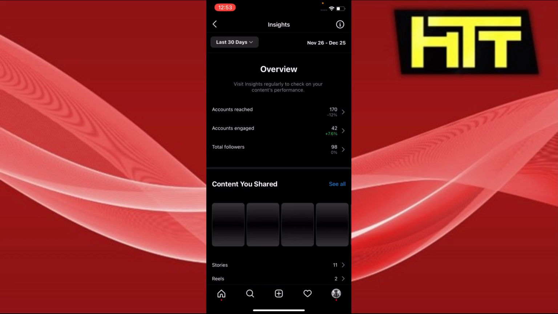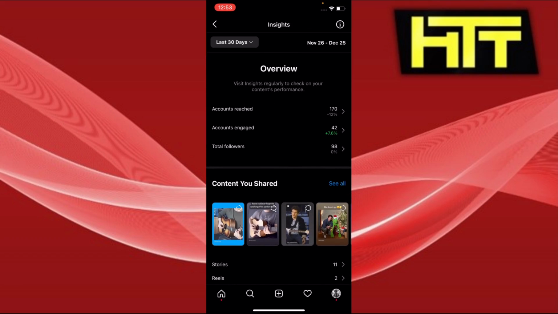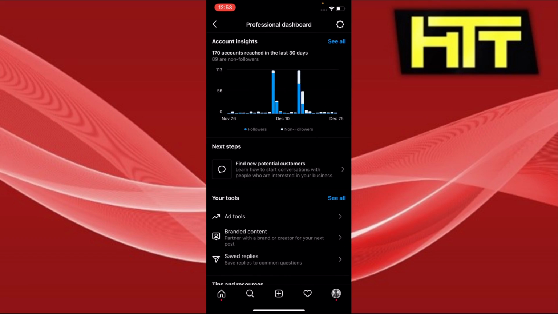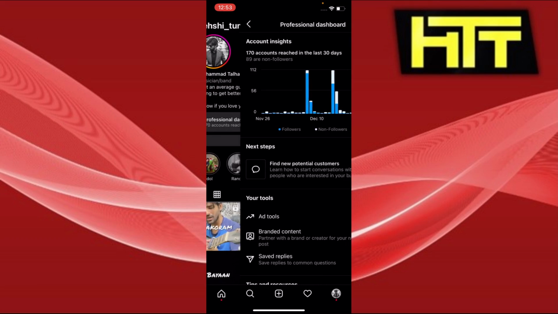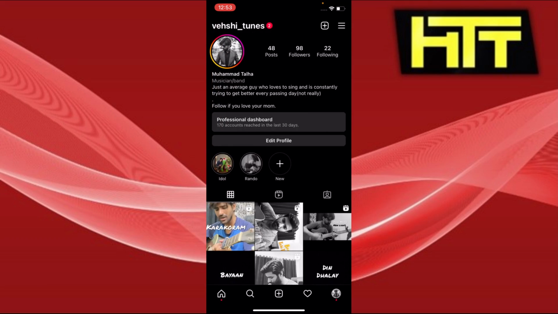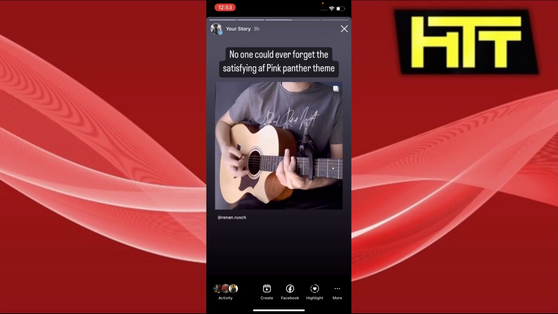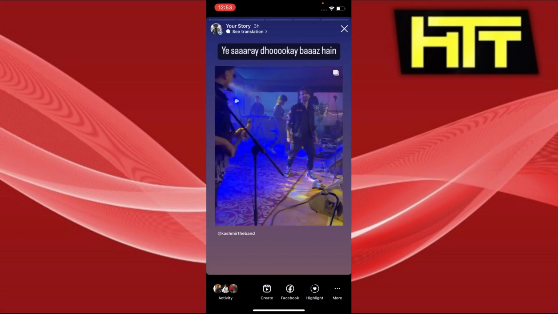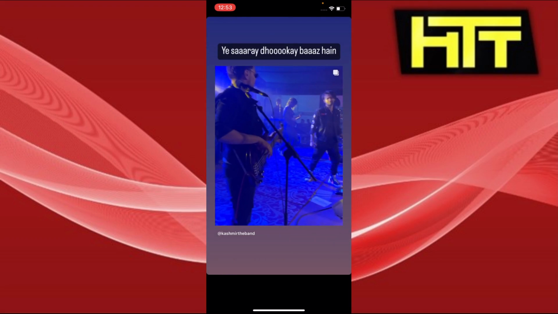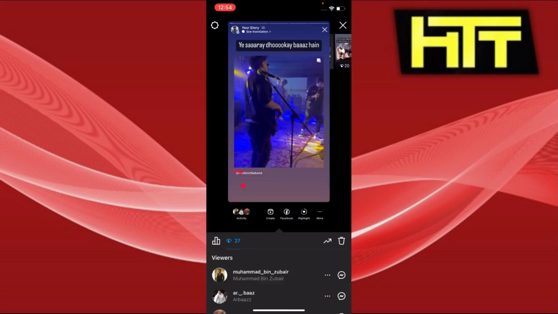You can go deep into these insights and learn more about how much your account engaged and so on. These tools exist on professional accounts, and the one important way to actually see who's stalking you is if your account is public, because if your account is private, nobody can technically stalk you, since they can't even access your account.